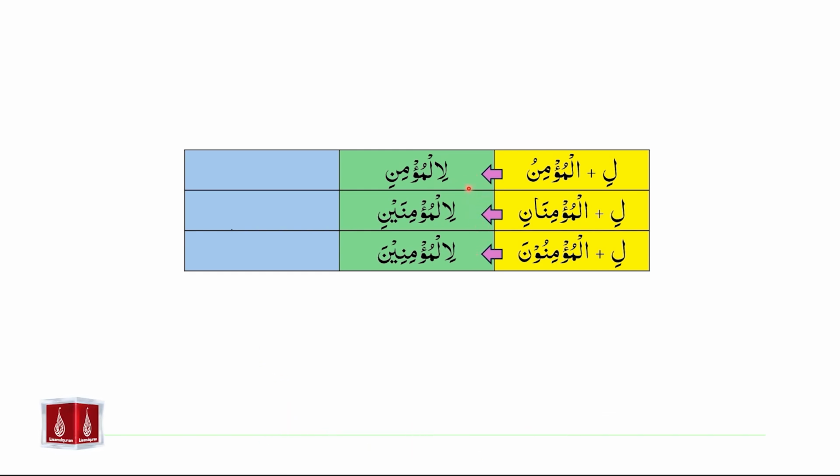However, if we were to look at these three in the Arabic text, we will see them written as lil mu'mini, lil mu'minaini, lil mu'minina. We will notice in these examples that while we are pronouncing lil mu'mini the same way as before, we are not writing the hamzatul wasl that was coming after lam harf jar.